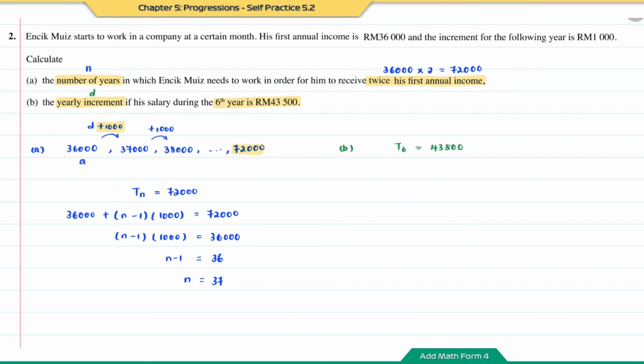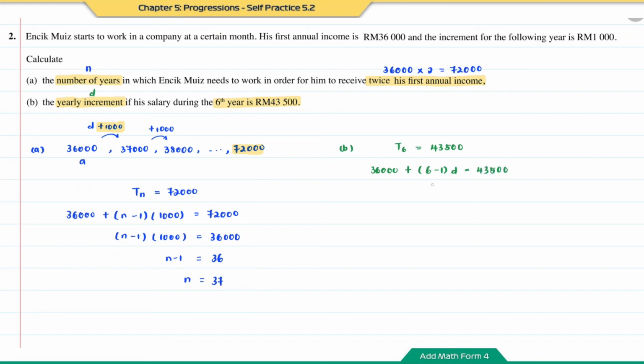Again using the formula for the nth term of an arithmetic progression, a is still 36,000 plus n, which is 6 minus 1, times d, which we want to find, equal to 43,500.